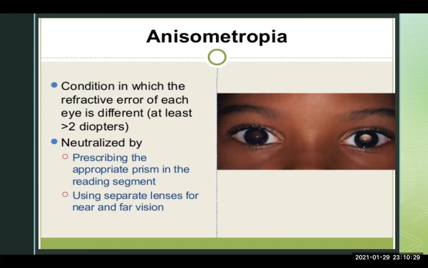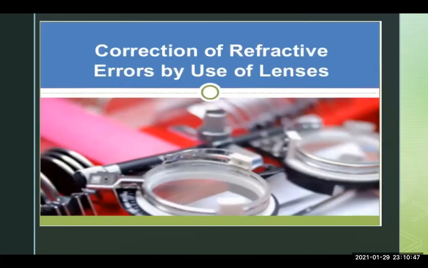Otherwise, if the spectacles and the contact lenses are not suitable, you will consider surgical correction for the eye with the higher error to make it closer to the other eye. This is to avoid amblyopia and laziness of the eye.